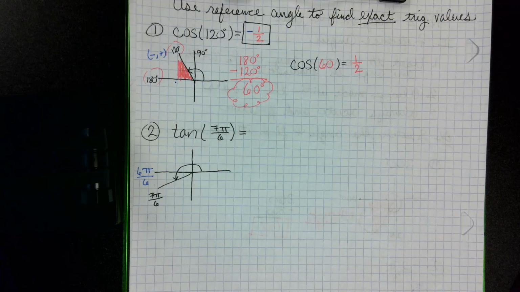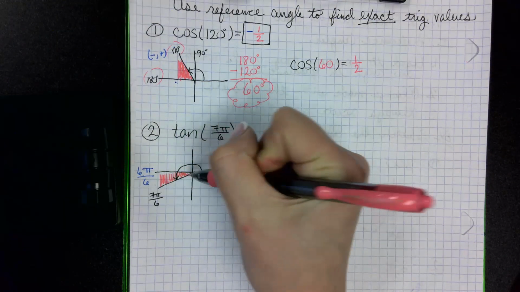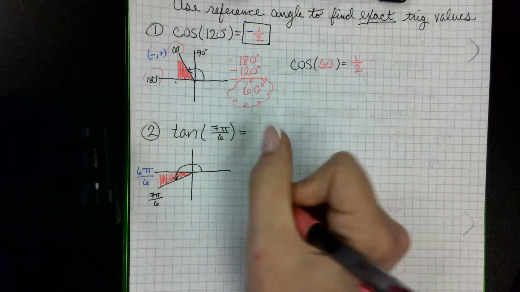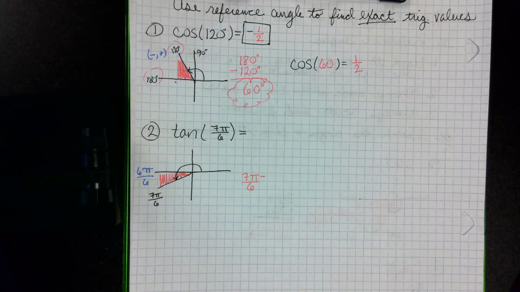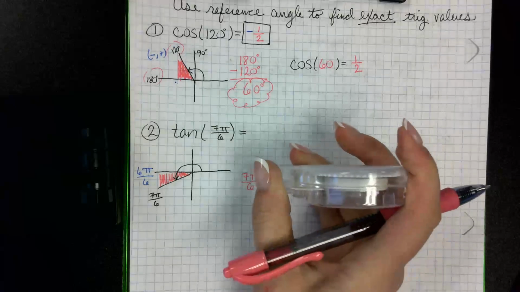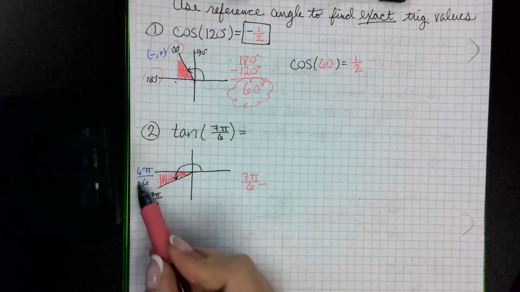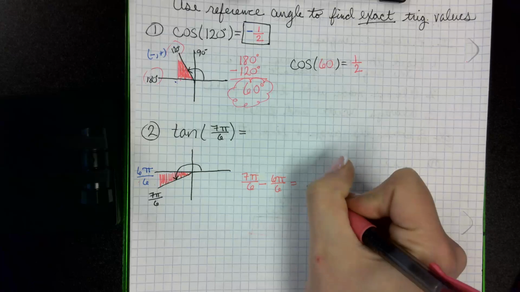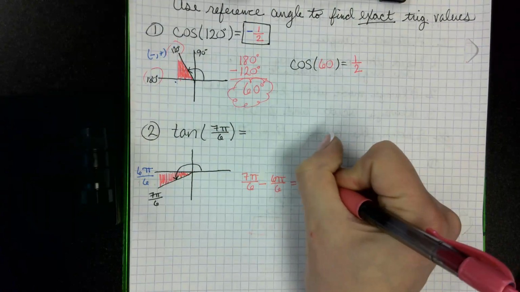So the reference angle, or the acute angle that the terminal side makes with the x-axis, right here, is the difference. So I'm going to take the bigger number, 7 pi over 6, and subtract the smaller number, 6 pi over 6. 6 is the common denominator. 7 minus 6 is 1, so 1 pi over 6, or just pi over 6.